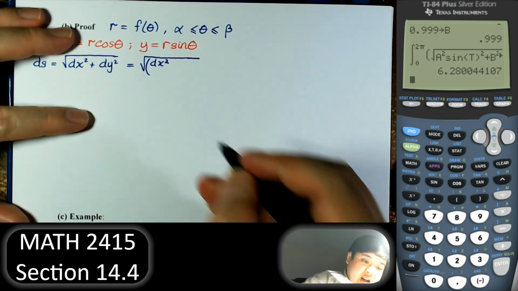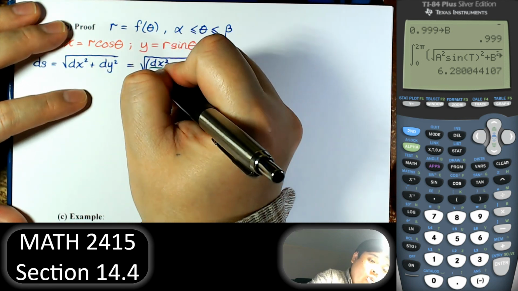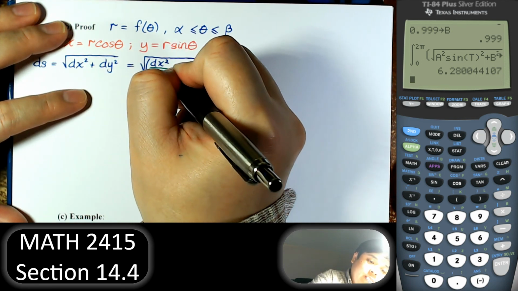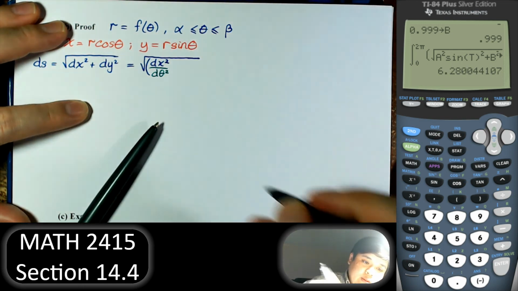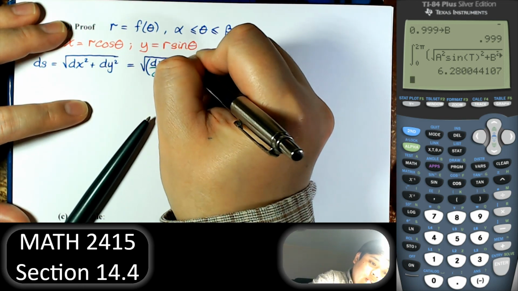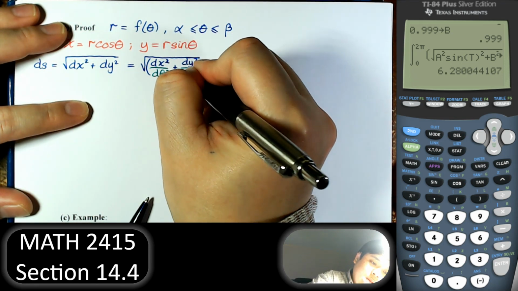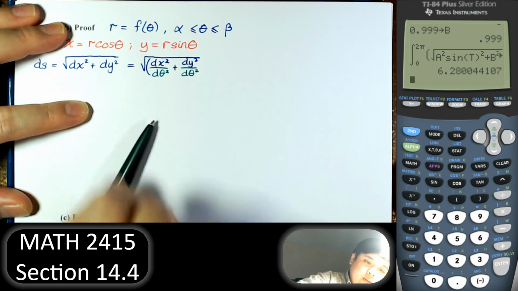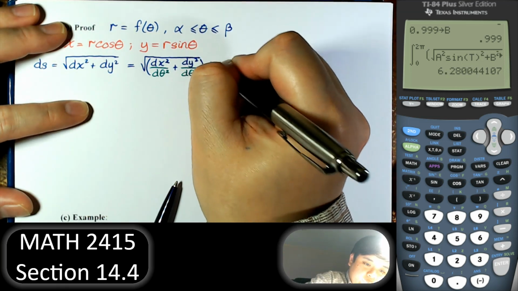I will divide by d theta because r is a function of theta, and x and y are also functions of theta. Divide by that, multiply back by d theta squared.